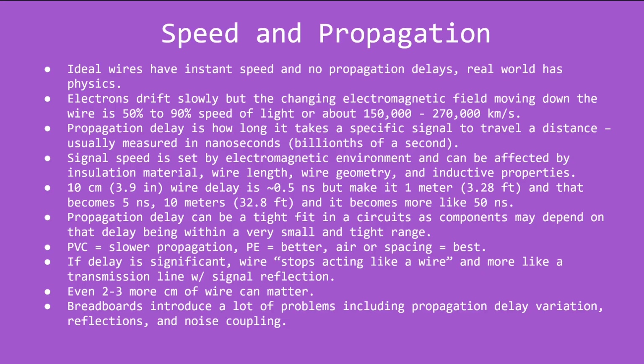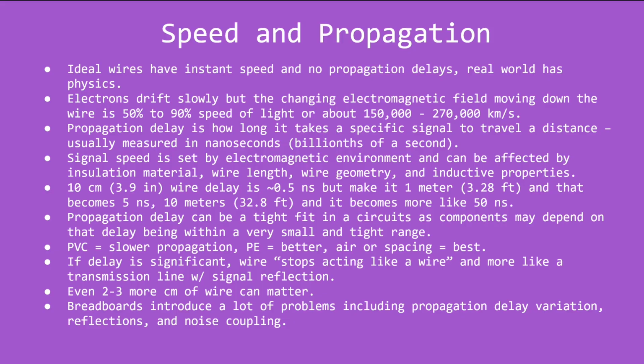Look at any data sheet and you'll notice. When it comes to insulation, for example, PVC has a slower propagation, so you can get more of a delay. Polyethylene is better, while air or spacing can often be the best. If the delay is significant enough, the wire is no longer a wire model, but a transmission line model, which also includes, among other properties, signal reflection.